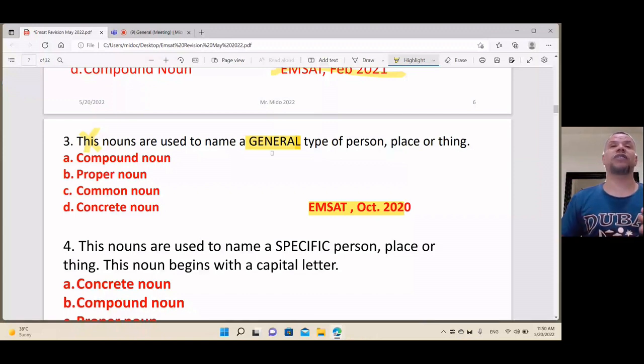So this is genre information. This is a type of what? A compound noun? No. A proper noun when you say Sarah, but you didn't say that. You said just sister, for example. So is this a concrete noun, like a tree, something you can touch? No, it's a common noun. Genre means common noun.